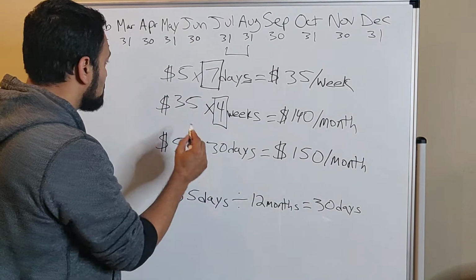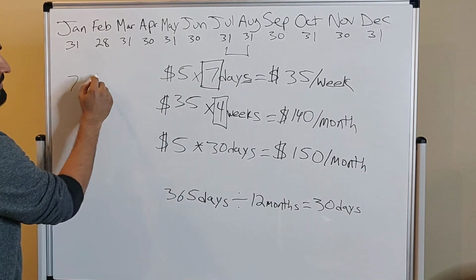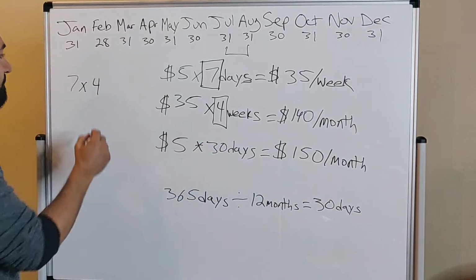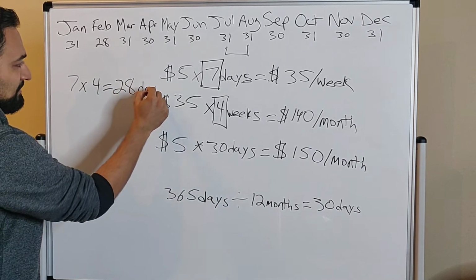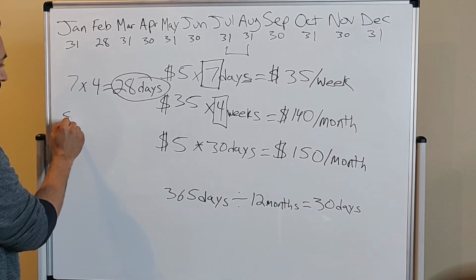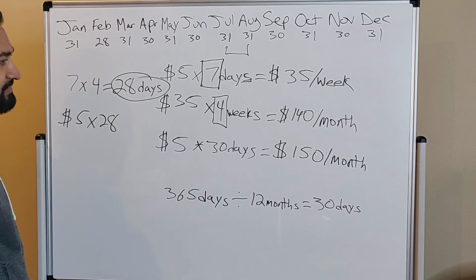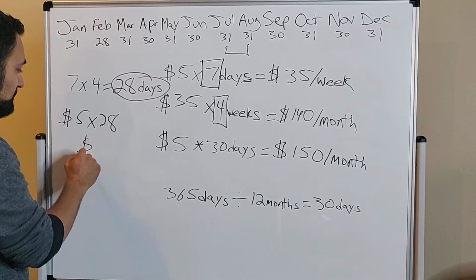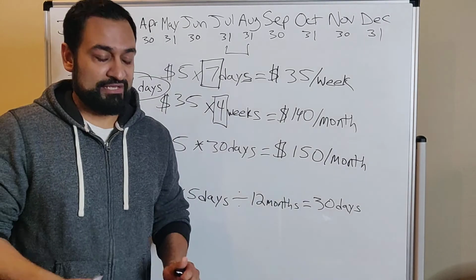When you times both of these together, 7 days times 4 weeks, you actually calculated for 28 days. So when you calculate $5 times 28, you get $140. Again, both are right.